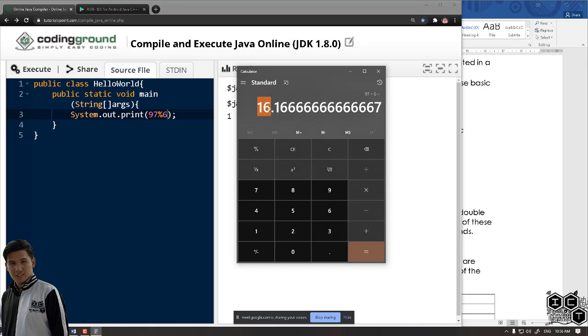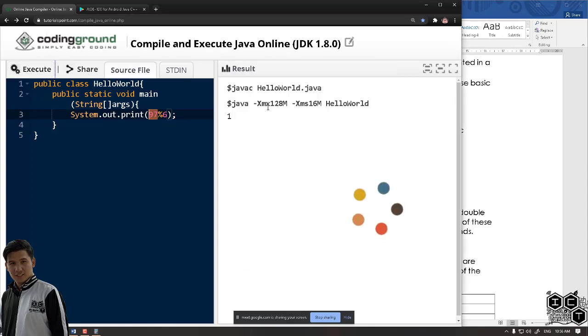So, yung 16 ngayon, i-multiply mo dito ngayon sa 6. 16 times 6, 96, minus 97. So, the answer for 97 modulo 6 is equivalent to 1. And simple lang ang concept ng modulo.